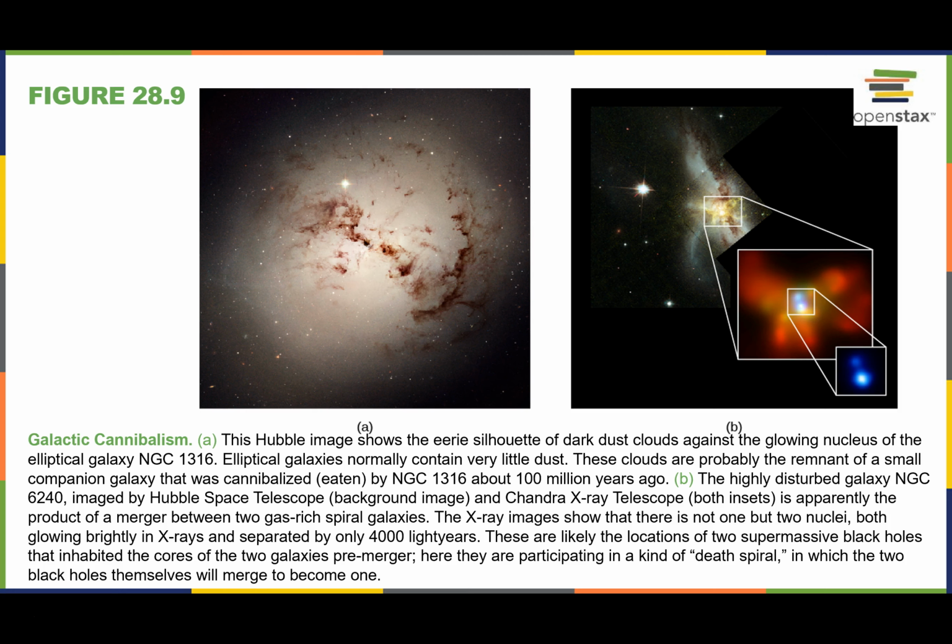I mentioned that if they're not similar in size, if one's a fair bit bigger, then we're going to call that cannibalism. I just think that's so funny. So this is an example of galactic cannibalism. This is an irregular sort of galaxy that exists today, and we know that a big one swallowed a little one by looking at the heart and seeing it's got two hearts.